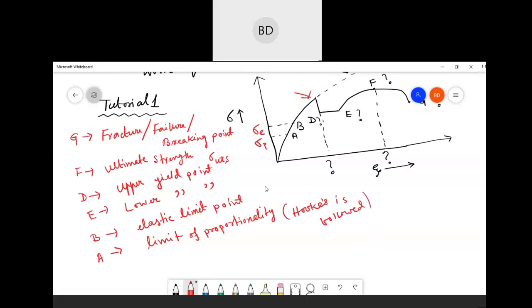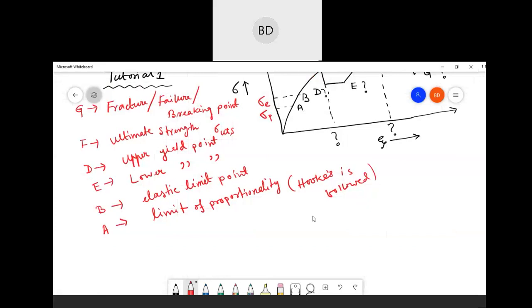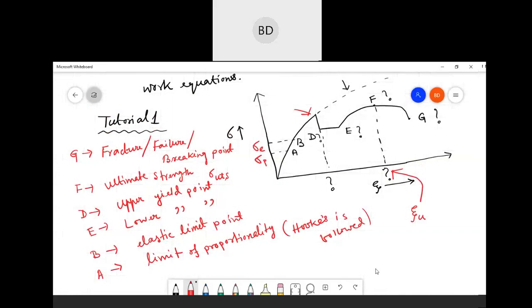So A, B, D, E, F, G, all points are done. Now what is left? Epsilon U. This point is called epsilon u, that is the strain at the ultimate strength. And this is your epsilon y, that is the strain at the elastic point. Okay, now it is clear to you.